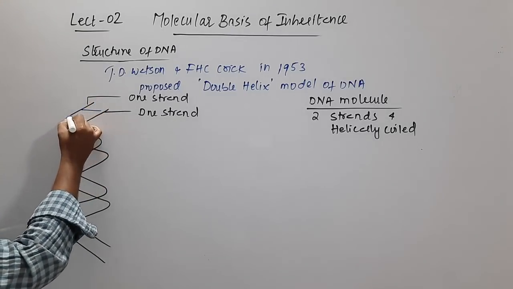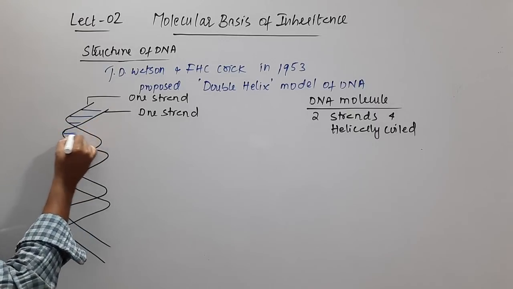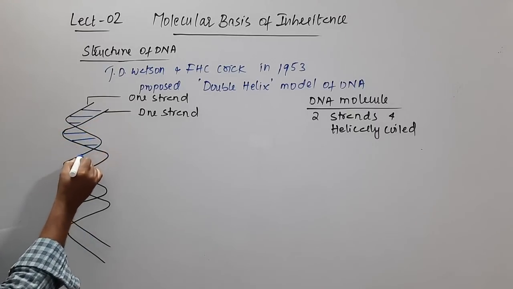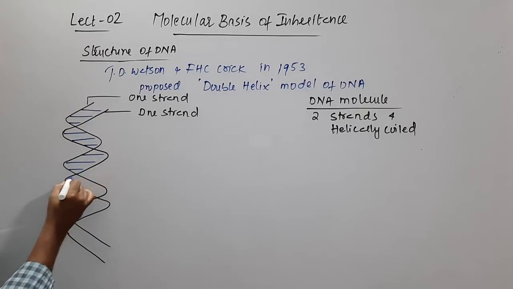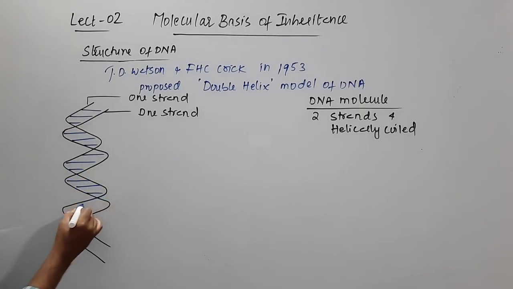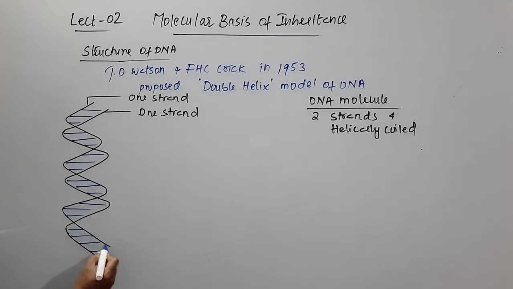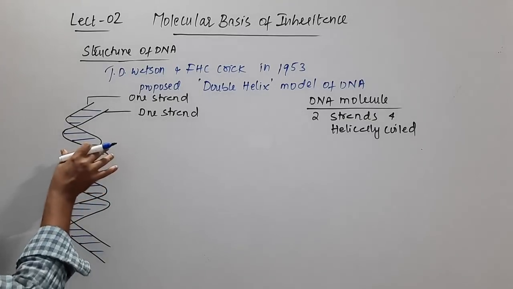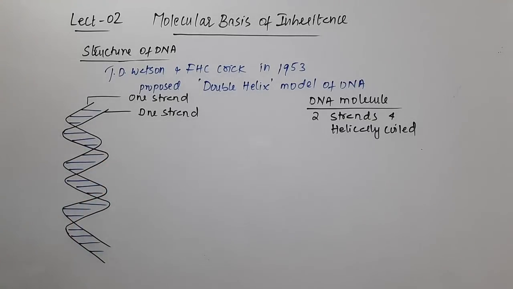Here I'm just giving an overall structure of DNA; later I'm going to discuss this in detail. This is how we see the nitrogen bases actually bring these two strands together.